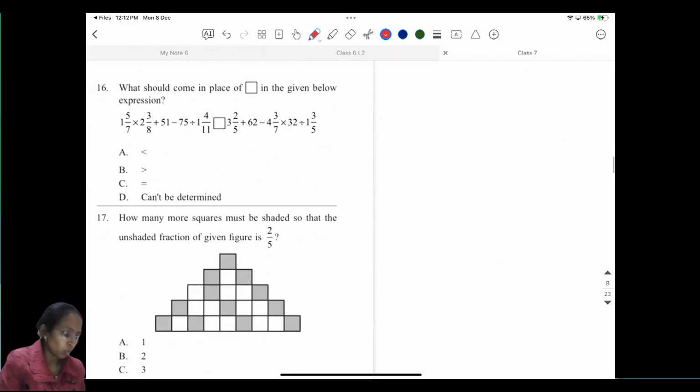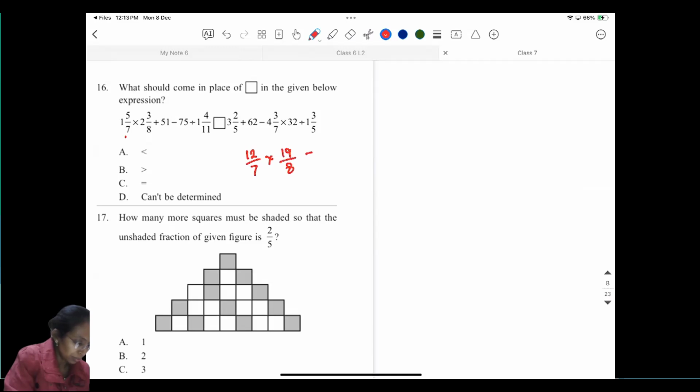Now the next one. What should come in the place of box in the given expression? Okay. So we need to simplify both the LHS as well as the RHS for having this. So first number is 7 plus 5, that is 12 by 7 into 19 by 8 plus 51 minus 75 divided by 15 by 11. Here is the box.